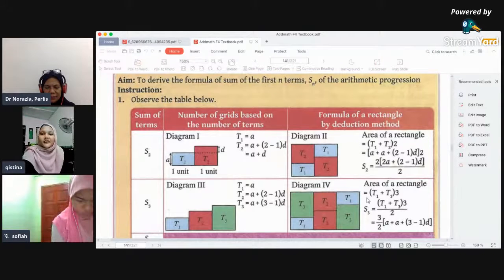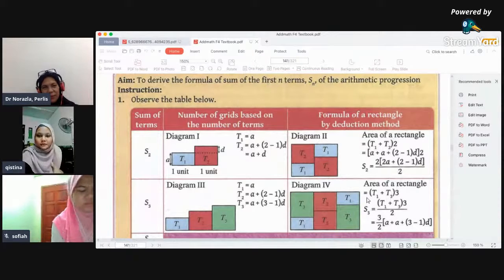Now let's see the formula of the area of the rectangle first. As given here, T1, the first term, plus T2, the last term, times by 2, which we can also classify as n.